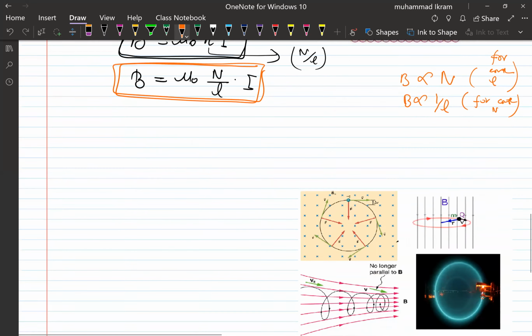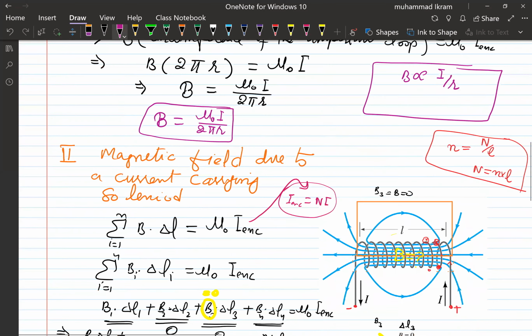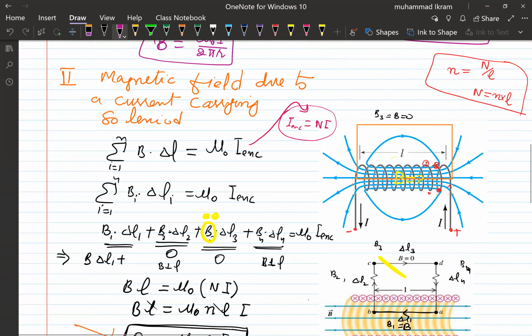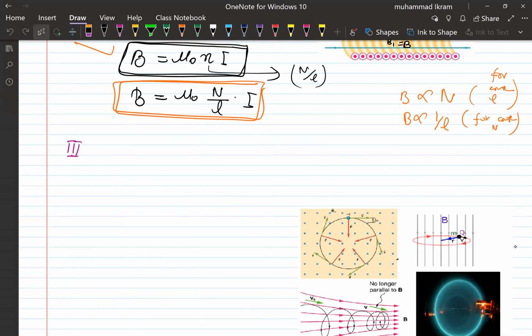Our next topic is the force on a current carrying conductor. Not force on a current carrying conductor, that is the force on the charged particle, the motion of the charged particle in a magnetic field.